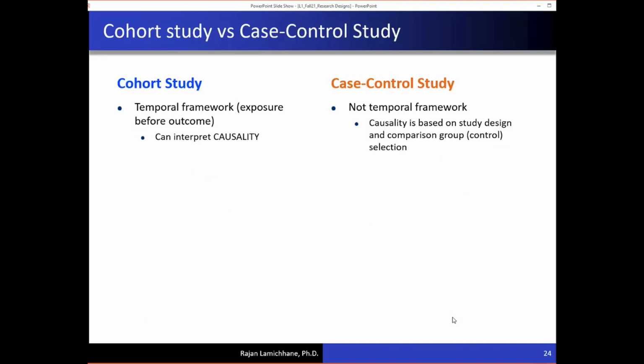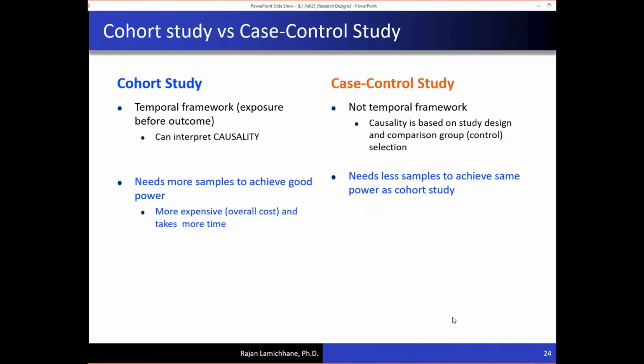And in cohort study, as I already mentioned, we start with the exposure cohort or non-exposure cohort and look for the disease outcome. While in the case control study, we start from the disease outcome and look at the exposure status. So it is called a non-temporal framework. And for cohort study, you need more samples to achieve good power.